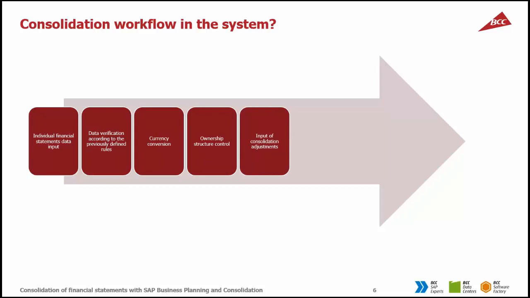After you have all data in place, you want to input some consolidation adjustments. We can distinguish between automatically posted consolidation adjustments and manually posted consolidation adjustments. So this is the clue of the whole system.